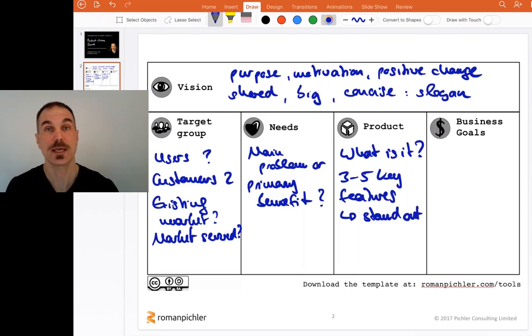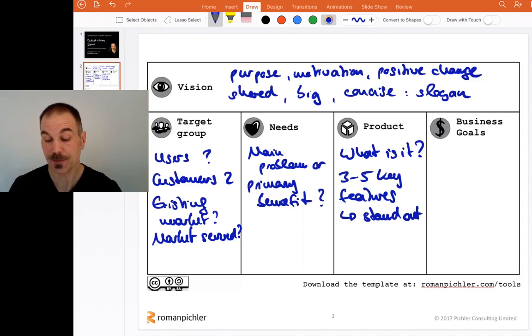Don't make the mistake of turning this section into a mini product backlog. The product backlog comes later. This is not about describing your product comprehensively and listing all the features that you may want to provide in the next few years, but really focusing on those 3 to 5 key features that make a difference and set your product apart, so that people have a clear reason for choosing your product over competing offerings.